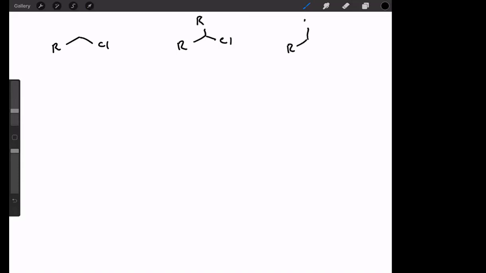Just like we talked about when it came to carbocations, I've used the same idea of primary, secondary, and tertiary to describe different haloalkanes. And the reason that that's going to be important is because the different substrates, whether they're primary, secondary, or tertiary, favor different types of reactions.